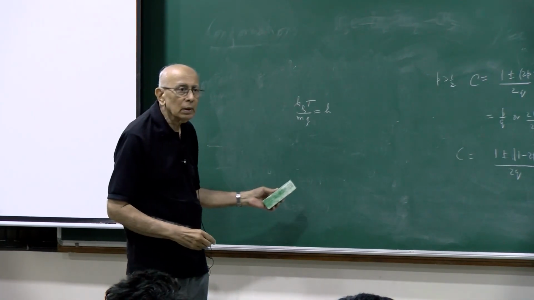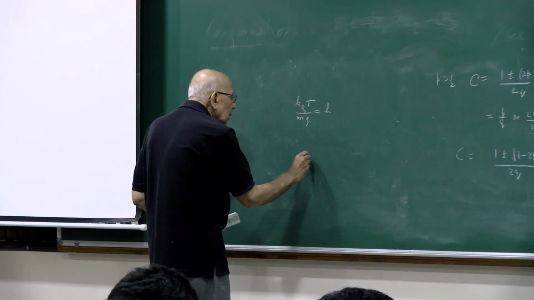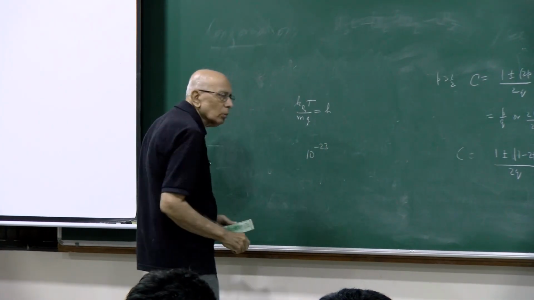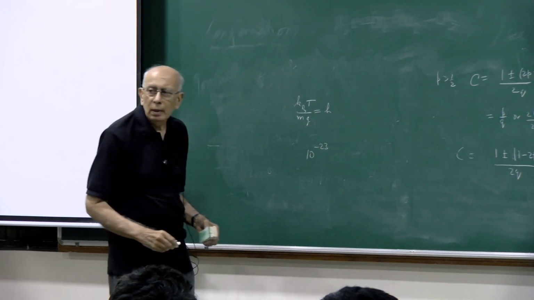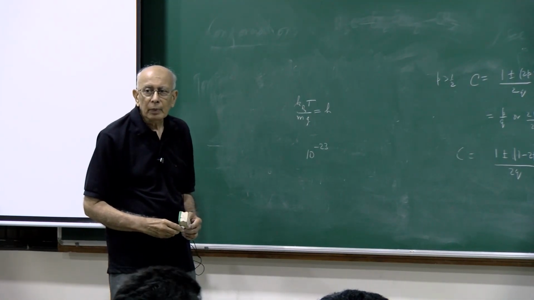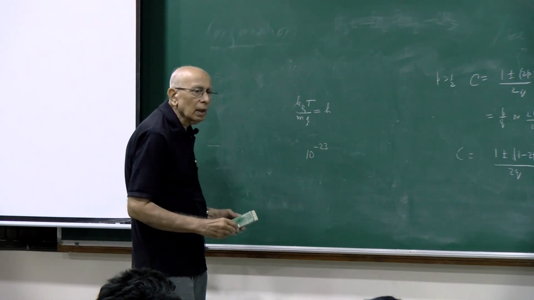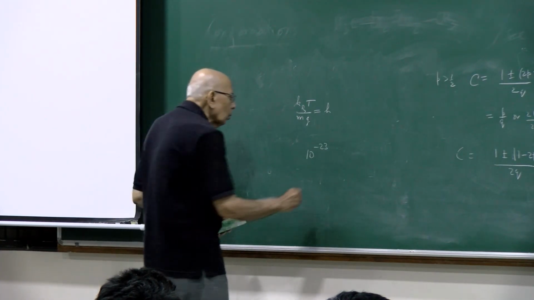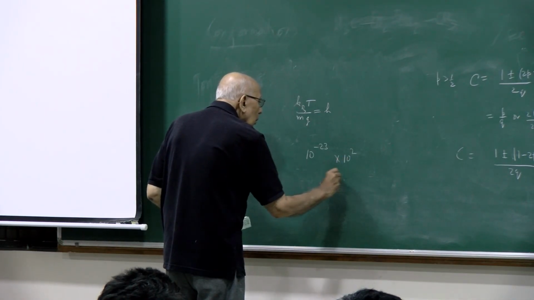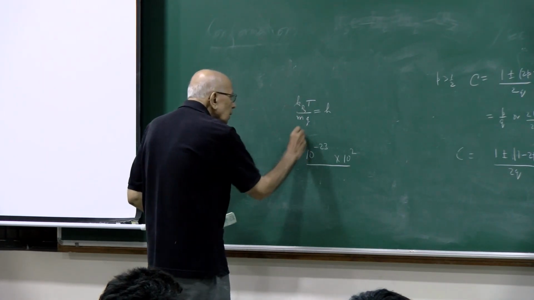What's the value of this? What's the value of Boltzmann's constant? 10 to the minus 23 times 1.38 or something. It's not relevant, we want order of magnitude. What's T? About 300 Kelvin on average. So about 10 to the 2, divided by the mass of, what's the mass?